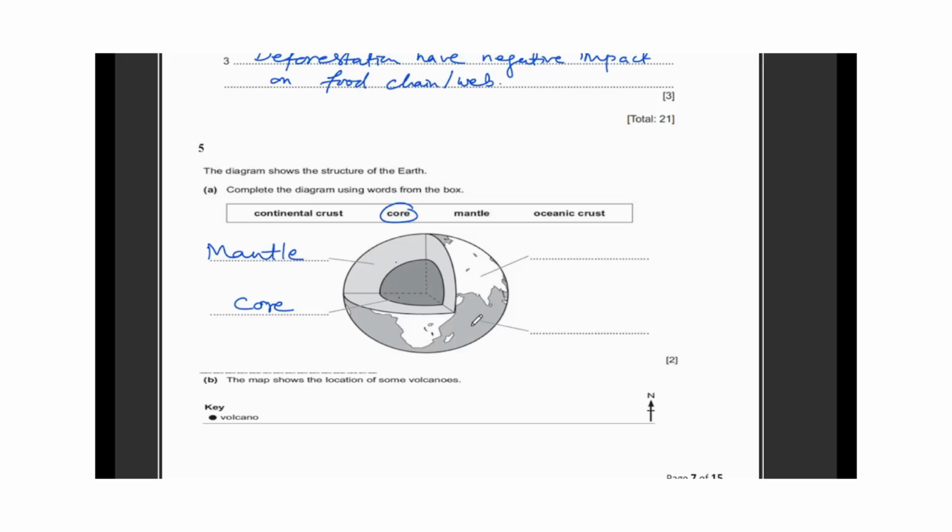Ocean. See, this is the ocean. That's blue color it will be, and you can see this shaded part. So this is oceanic crust, and the leftover is continental crust, right? Done. This is continental crust. Over. That's an easy 2 marks question that we get.